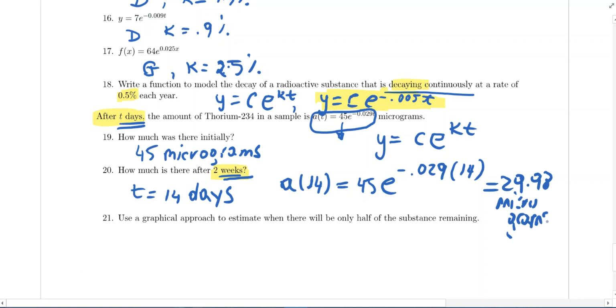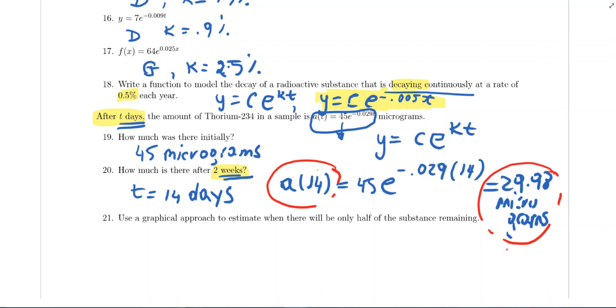So after 14 days, which is 2 weeks, there are that many left. You start with 45 micrograms, and after 14 it goes down to 29.98, which makes sense because it's decay.